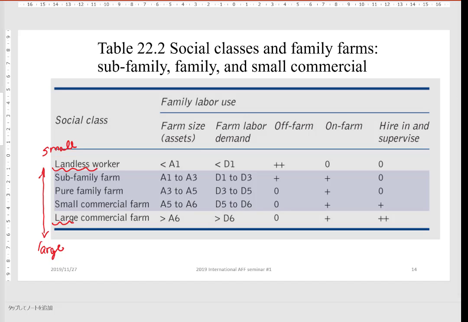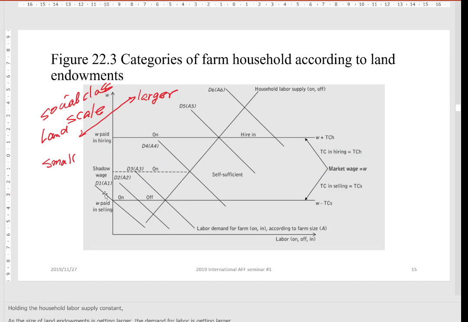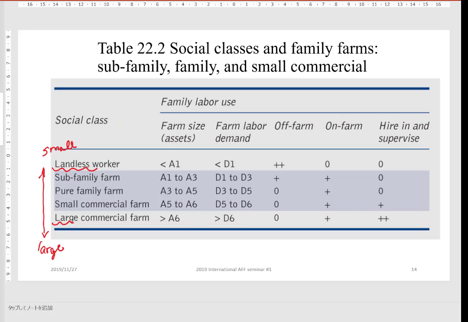Whereas D1, or A1 case, D1 depicts demand, A1 depicts asset size.